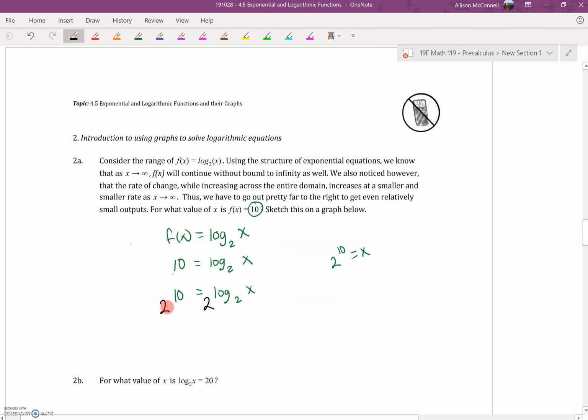We're putting a base of 2 and making the equation itself an exponent, and that keeps the equation equivalent. So then you have a base 2 exponential and a logarithm base 2. That undoes each other, and you end up with the exact same equation. So when you do 2 to the 10th power, you get that x has to equal 1024.